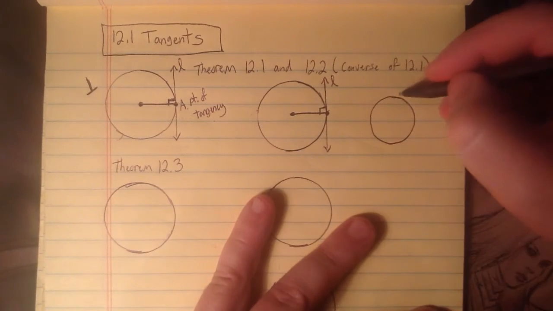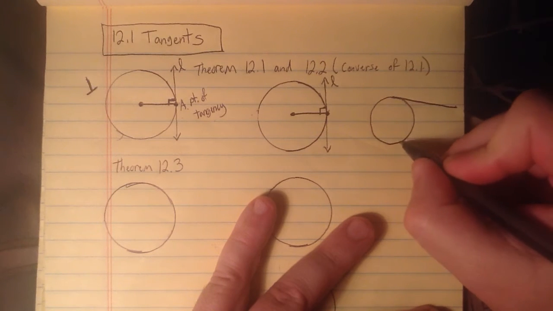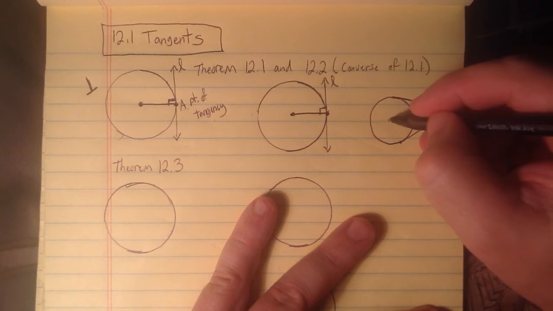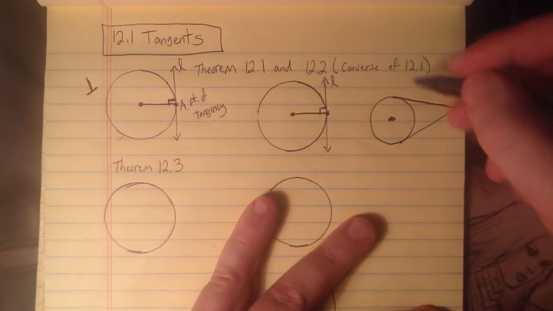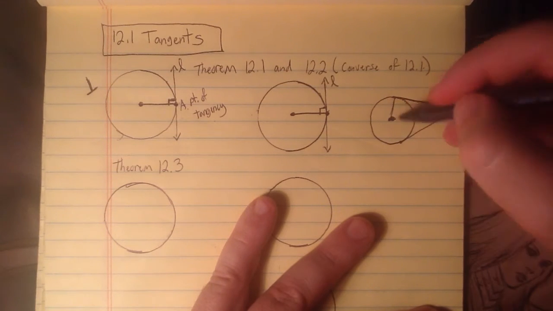All right. And I have a tangent line here. And I have another tangent line here. No big deal. Right? And then here's the center, which is kind of a crappy center, but we'll be okay, I guess. And then we'll draw a radius here.